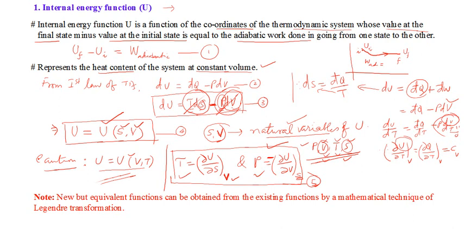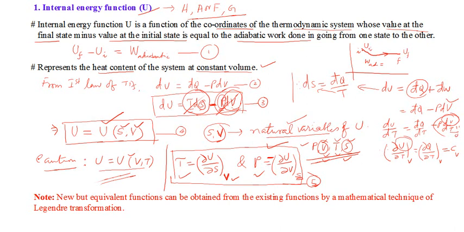These three are obtained from the already defined internal energy function, or H, A and G are derived from the already defined U by certain mathematical techniques, and that is permitted. By that technique you can define new mathematical functions which are equivalent. Equivalent means what?